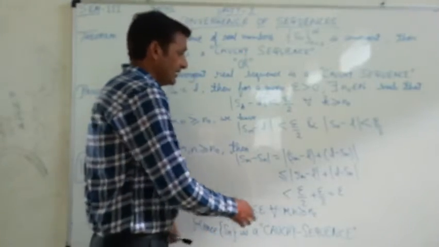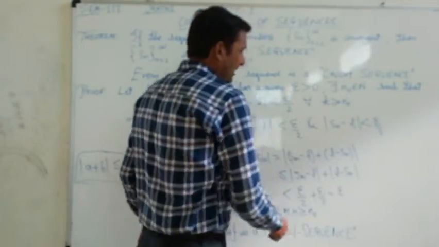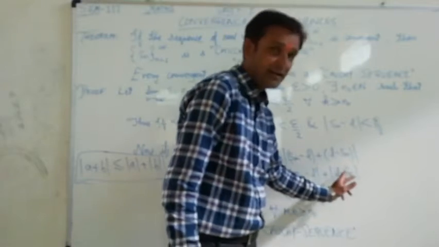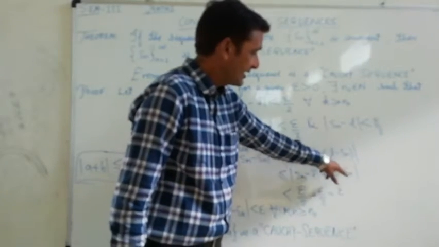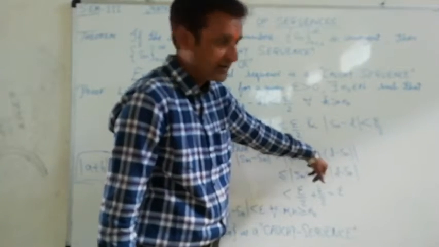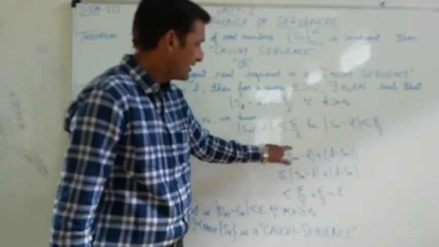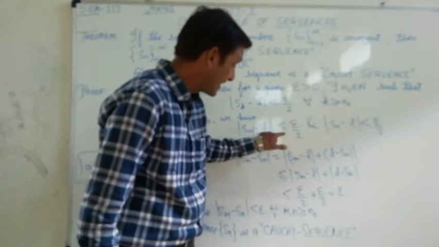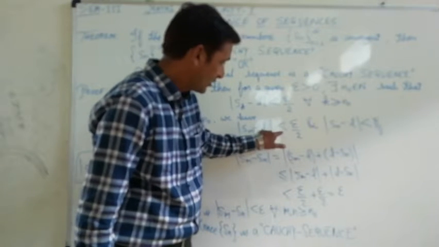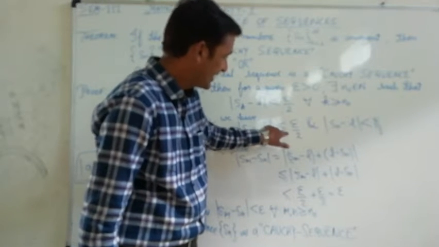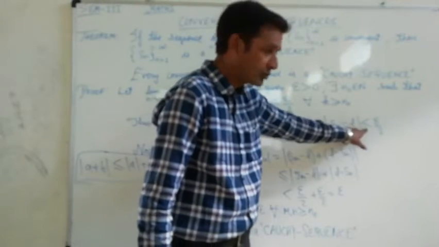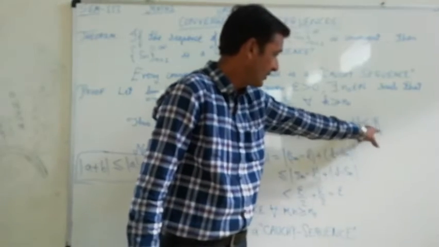L minus Sn or Sn minus L, both are one and the same thing, because the modulus sign is there. So both can be written with less than sign, not equal to, because this particular term is less than epsilon by 2 and this particular term is also less than epsilon by 2.